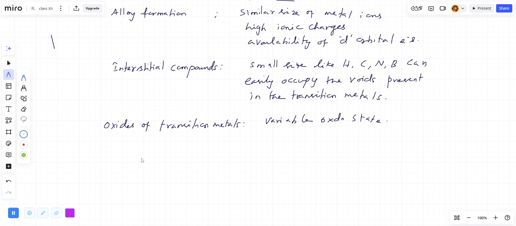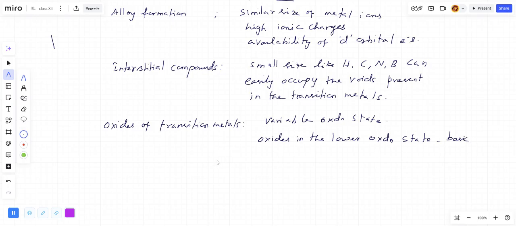Oxides in the lower oxidation state are generally basic in nature.